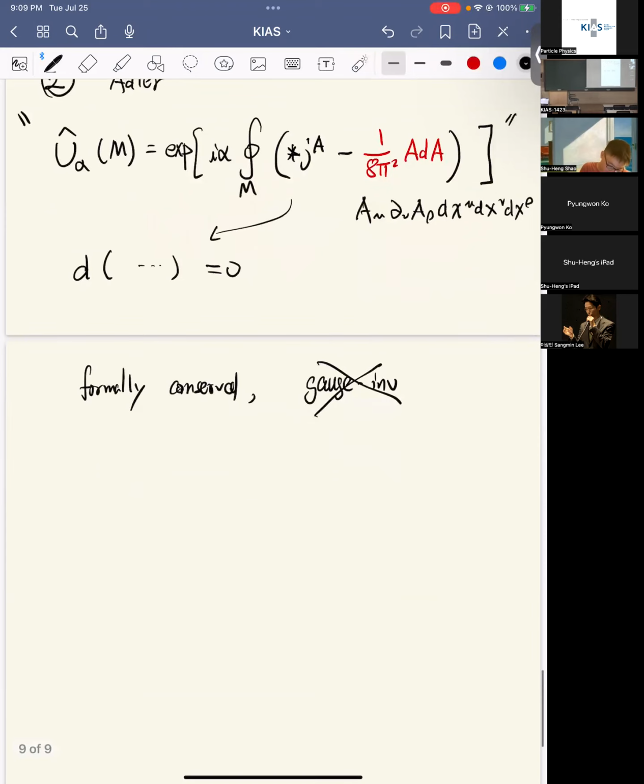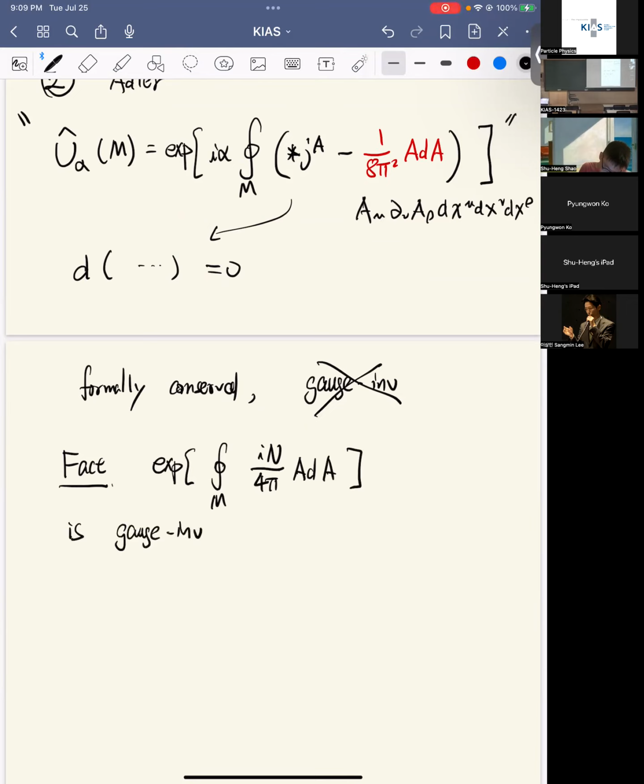Let me just quote a fact about this. The fact is that the exponential of the integral of i n over 4 pi A dA is gauge invariant if and only if n is an integer. Here, there's a minor assumption on the manifold being spin, but let me not worry about that.